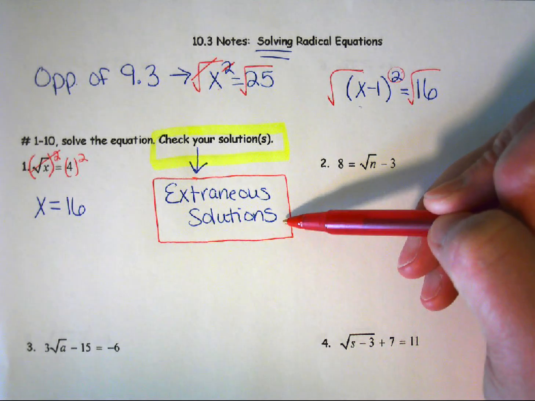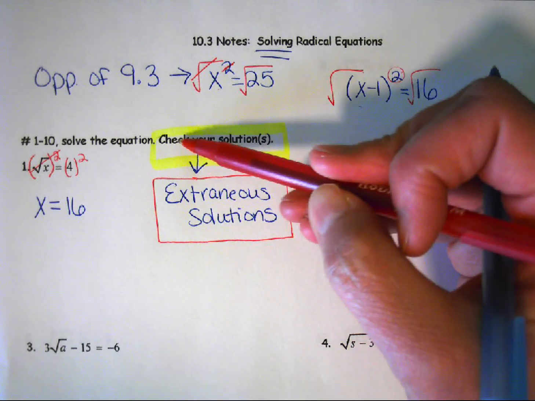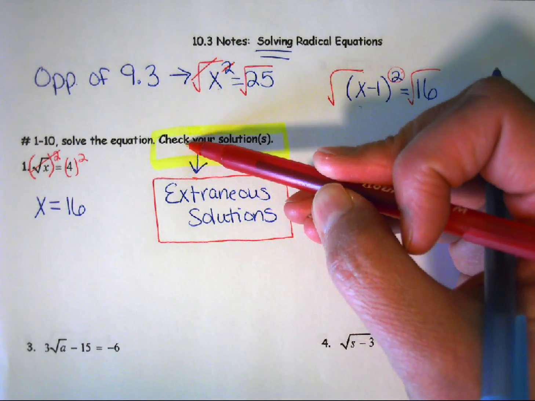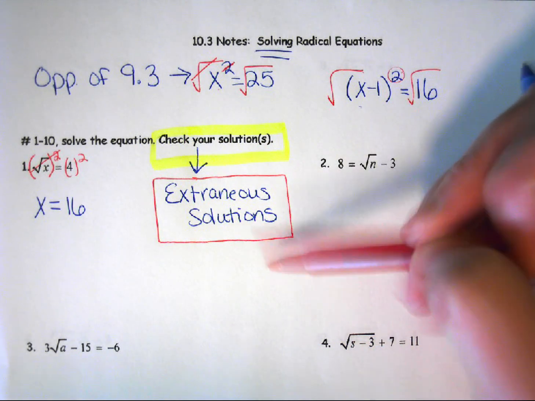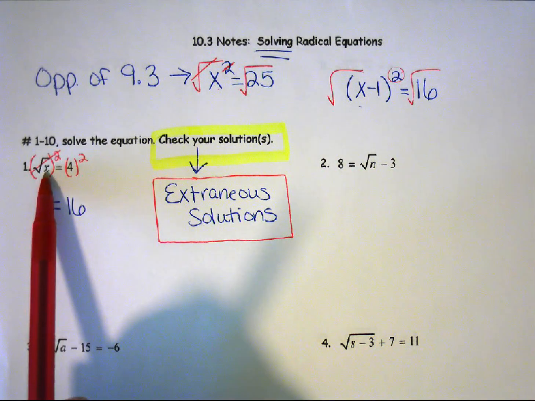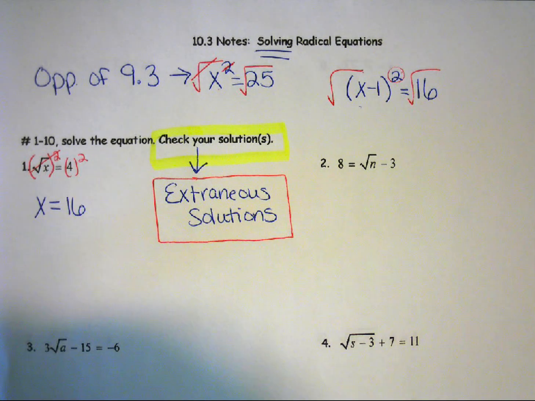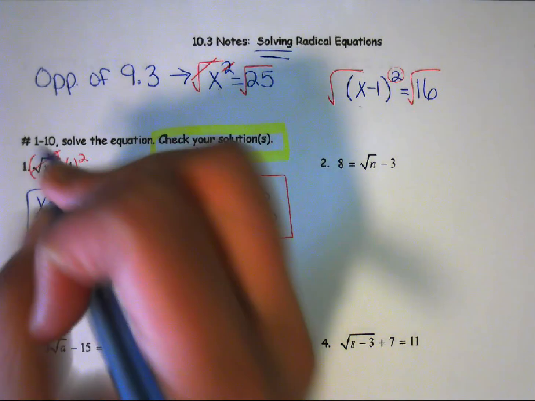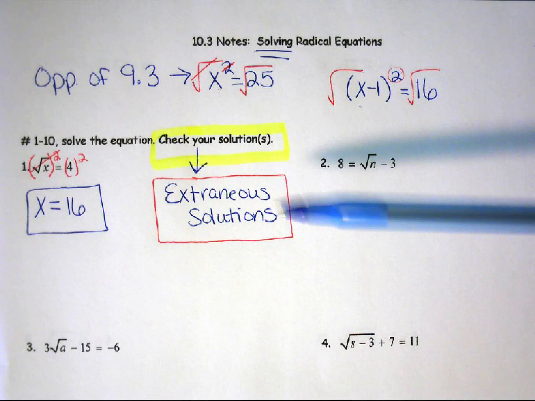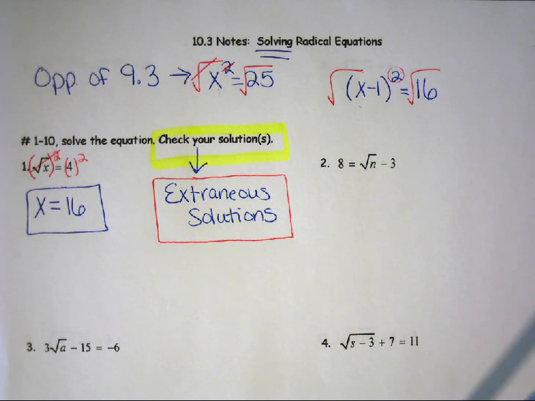It looks like it works, but when you plug it back in and check, it fails. When we plug 16 back in, we know that works because we already know what the square root of 16 is off the top of our heads. So we know this one is okay, but you're going to see some extraneous solutions as we work through the paper. I just want you to be aware of that, okay?